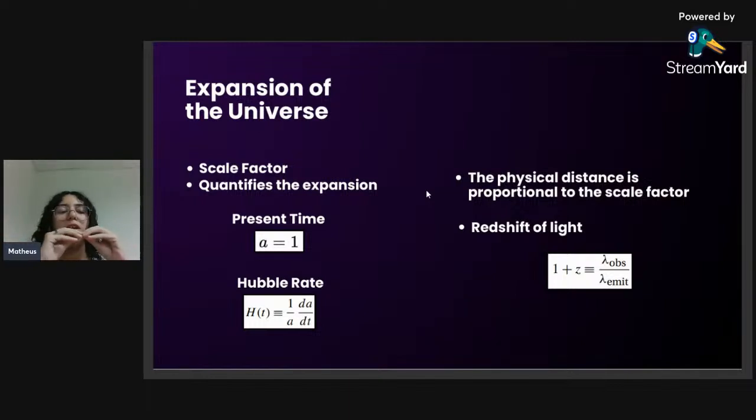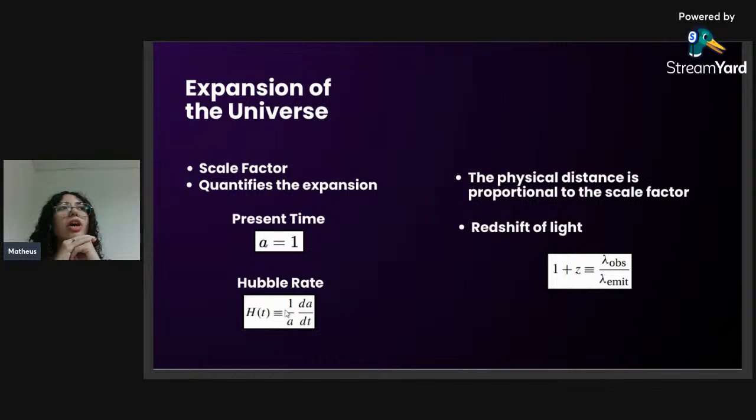At earlier times, the scale factor is smaller than 1, smaller than it is today. And to quantify the evolution over time of the scale factor, we use the Hubble rate, which is defined by this mathematical expression here.